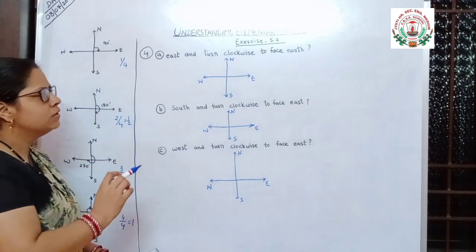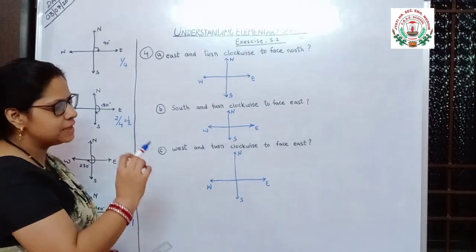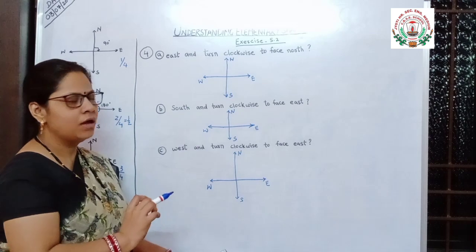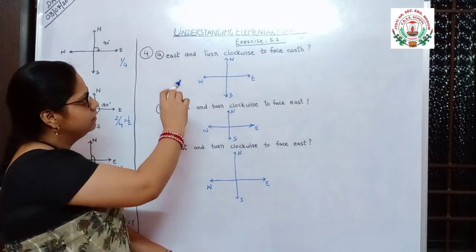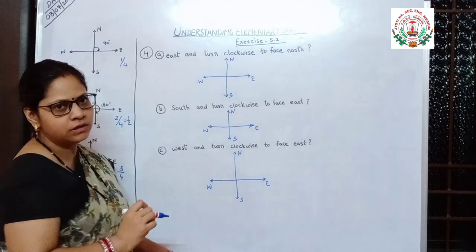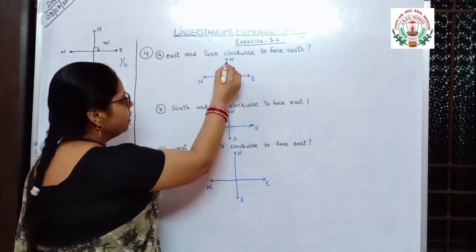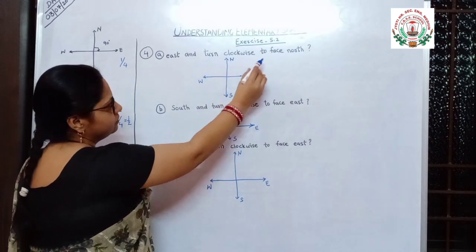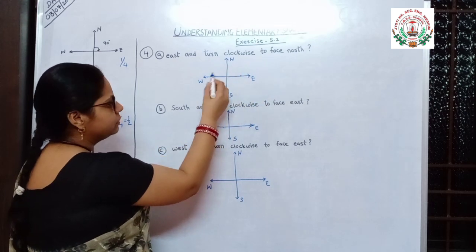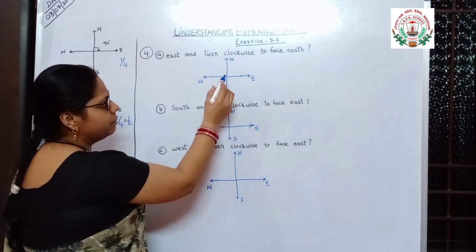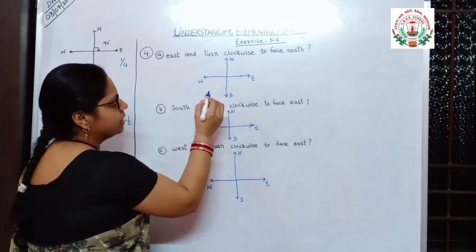So if you are facing now towards east and you are turning to face the north direction, now you are at the east direction and you have to cover some part of the revolution to face the north direction.